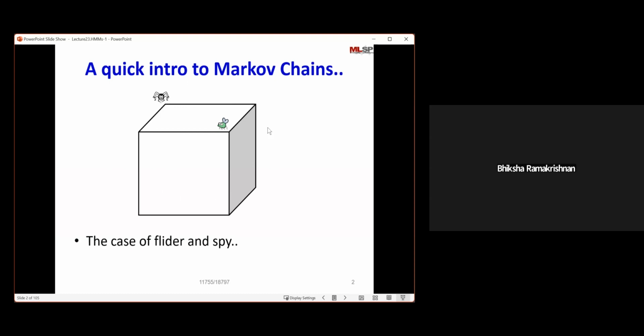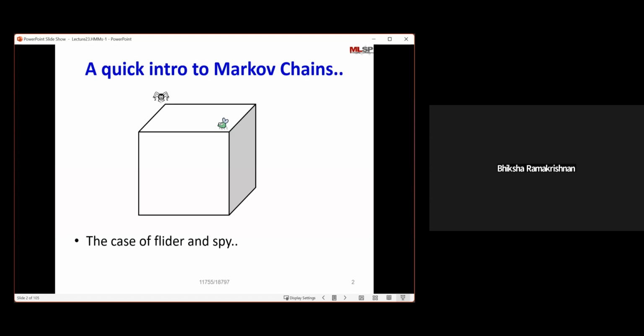That's a Markov process. In fact, this cube, which has 8 corners, is a Markov chain. Again, what do we mean by a Markov chain? Has anybody encountered the term Markov chain? Is it a finite state space where the transition between each state is a Markov process?